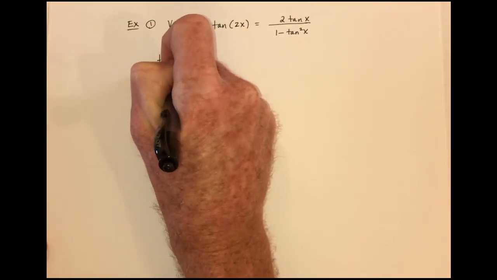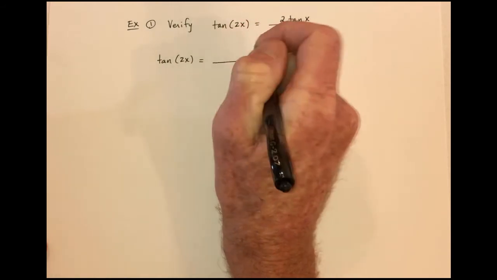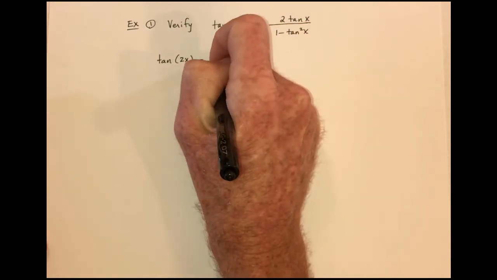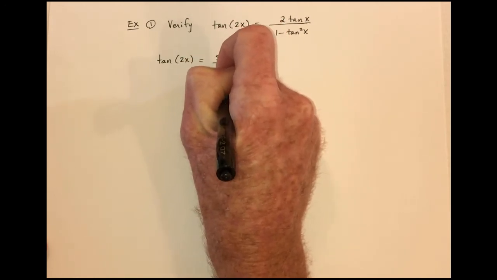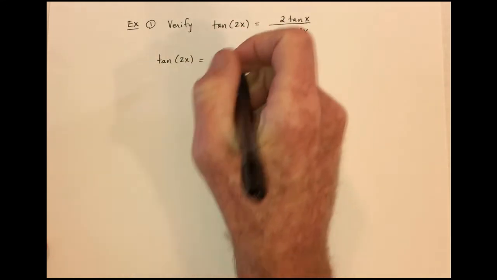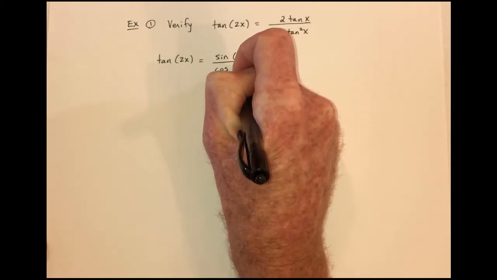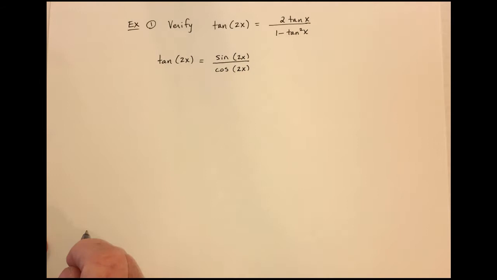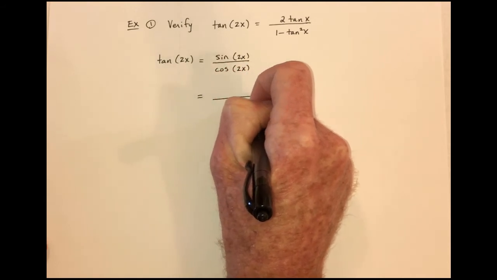So tangent of 2x. One identity for tangent that we've had for quite a while is tangent equals sine divided by cosine. And then because this is 2x, each one of these has to be sine of 2x, cosine of 2x. And then use the identities that we just created.